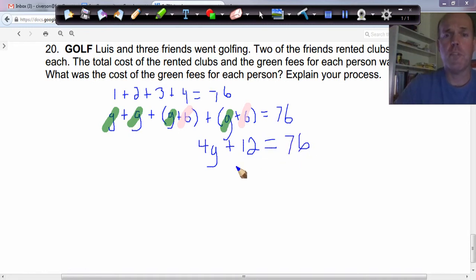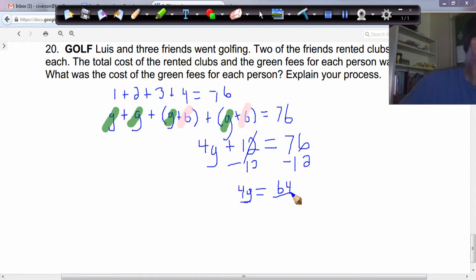Now it looks like a math problem that we've seen before, so now let's subtract 12 from both sides. Alright, those cancel, and I get 4G is equal to 64. Divide both sides by 4. And the green fees are $16.